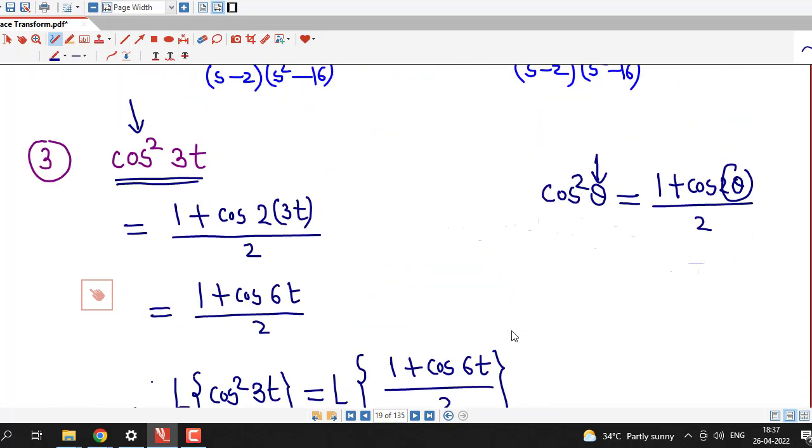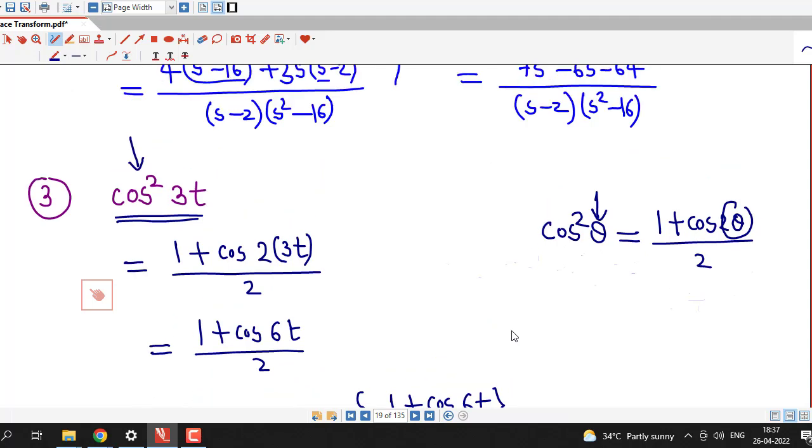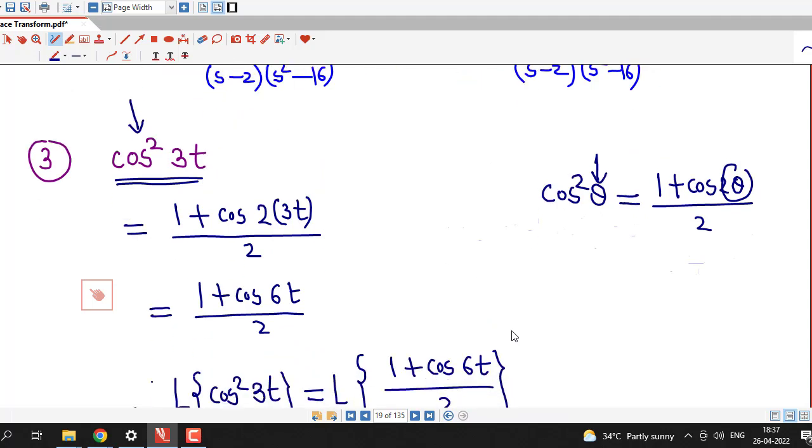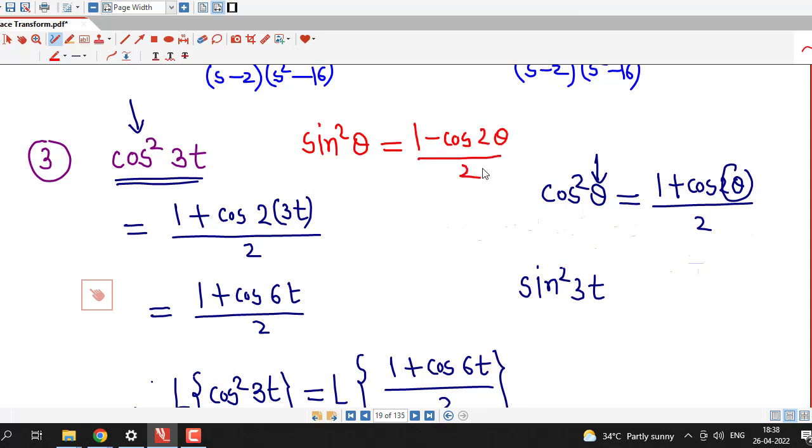So in this way we can find Laplace transform of some other functions whose formulas are not known to us. Suppose instead of cos square 3t we have sin square 3t, then we will use this formula. We know that sin square theta is given by 1 minus cos 2 theta divided by 2, and theta is 3 into t. Therefore this is 1 minus cos 6t divided by 2.